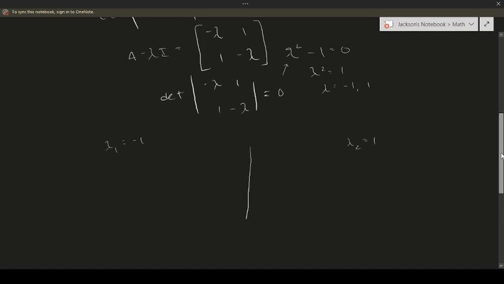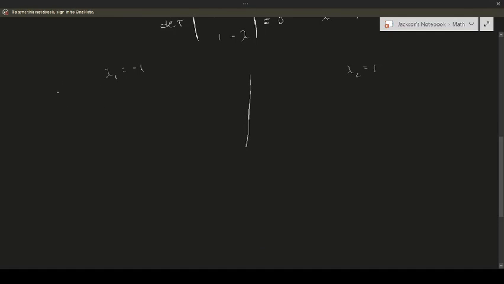So now we're going to solve for the eigenvectors. In our A minus lambda I, with lambda equal to negative 1, this gives us 1, 1, 1, 1, and then we solve for that when Ax equals 0.